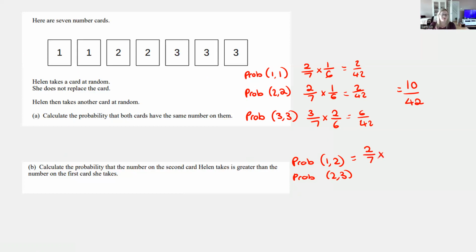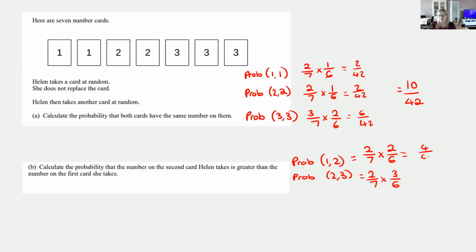Now on the second card, remember there's 1 card less, and that's still going to be 2, but this time out of 6. And then doing the same again, so 2 out of 7 to get a 2, and then 3 out of 6 for that last bit.